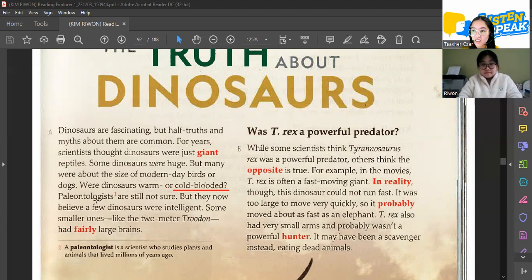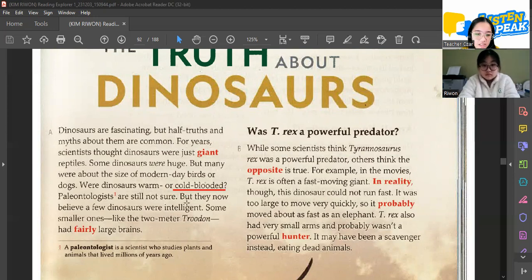They always kill other animals, meaning they are wild because they kill other animals. Cold-blooded. Okay. And here, paleontologists are still not sure if dinosaurs were all cold-blooded or really liked to kill other animals.